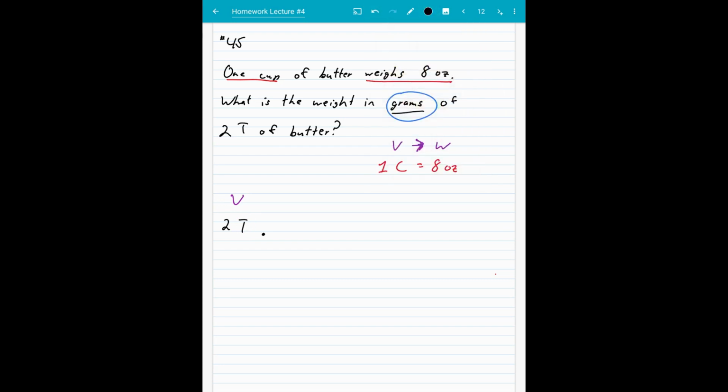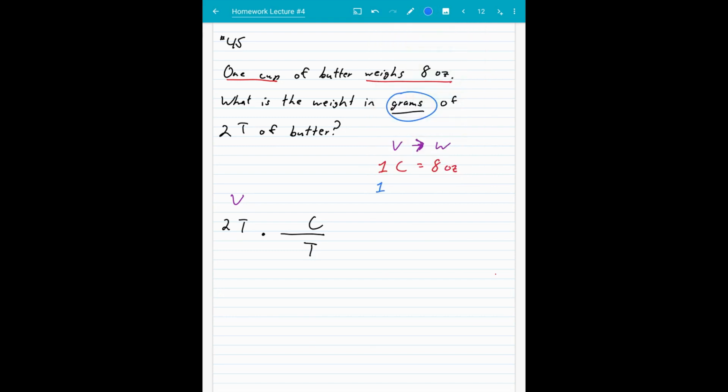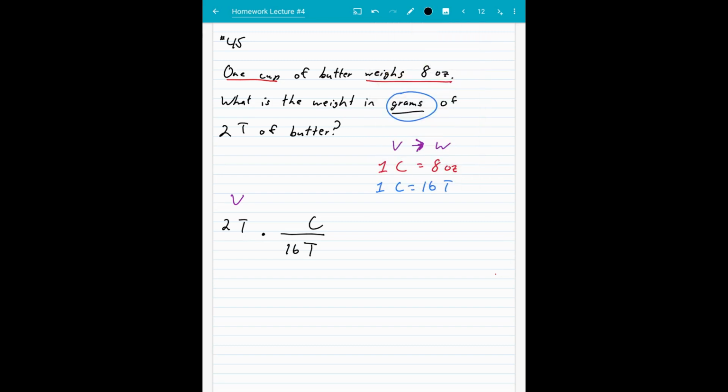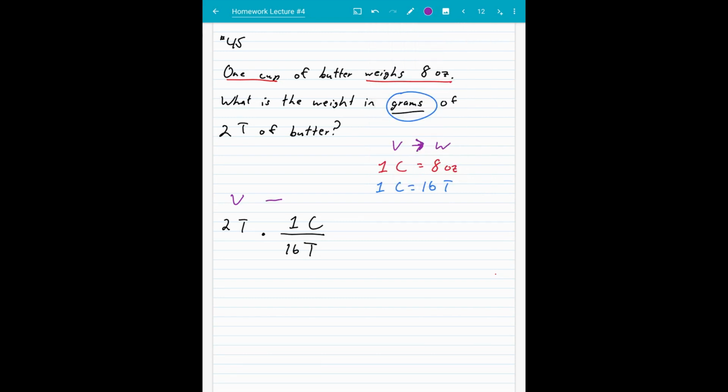Let's change tablespoons to cups. So I'm going to put tablespoons on bottom, cups on top. We learned earlier that 1 cup has 16 tablespoons. It has 48 teaspoons, but 16 tablespoons. So write that down. This is 16 tablespoons for 1 cup. What we just did was a volume to volume conversion right here.